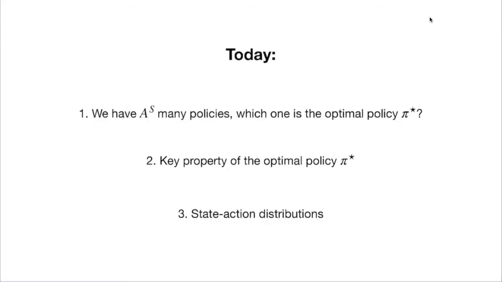We're going to talk about a key property of this optimal policy pi star, once we do the definition. Again, we're going to use the idea of dynamic programming here. Lastly, if we have enough time, we're going to talk about one more concept called the state action distribution. That's the outline for today.